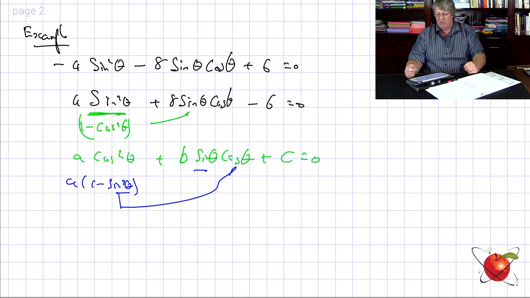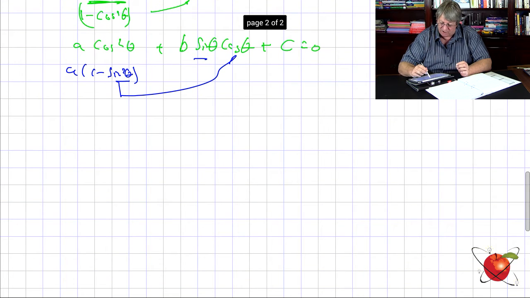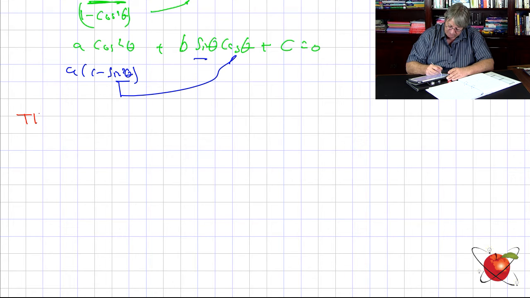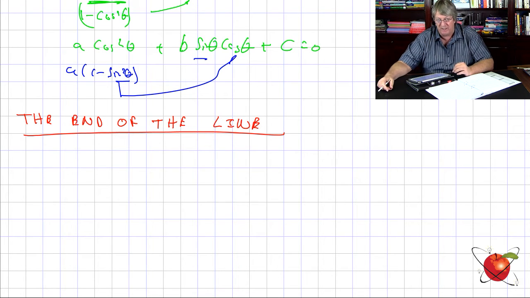I've still got cos. So we are still completely and utterly lost. Now, I know I've said it before, but this is the end of the line. After this, computer-aided solutions, here we come.